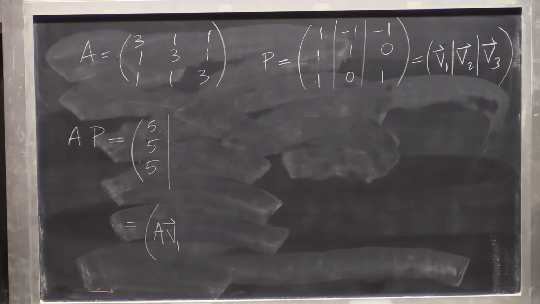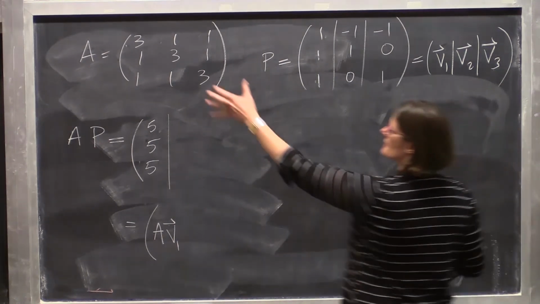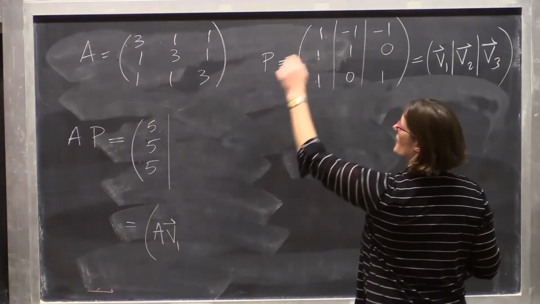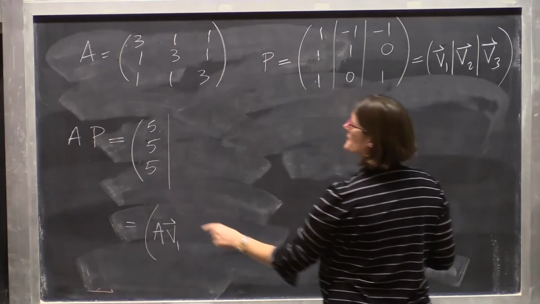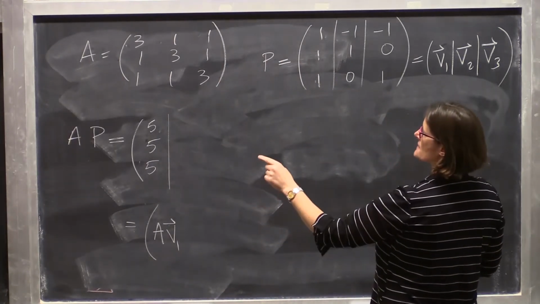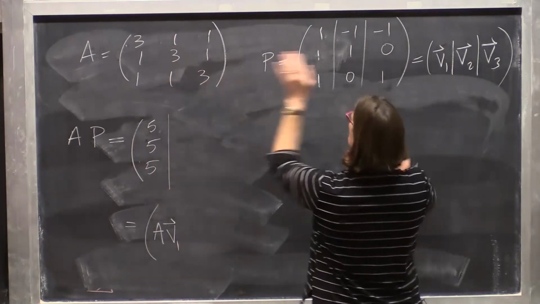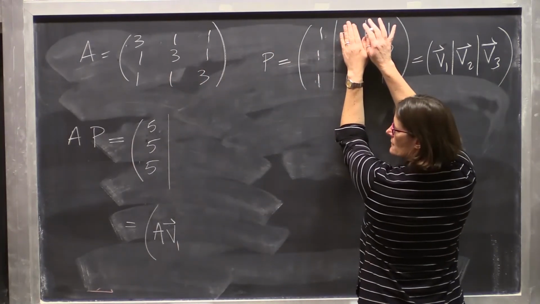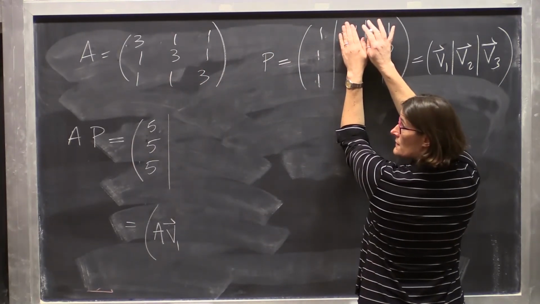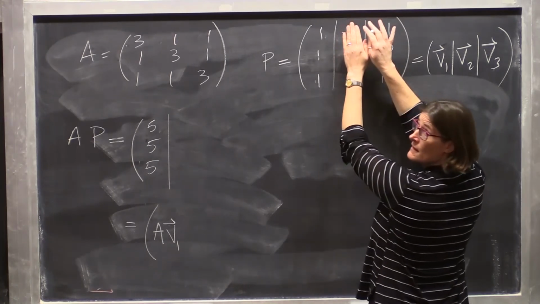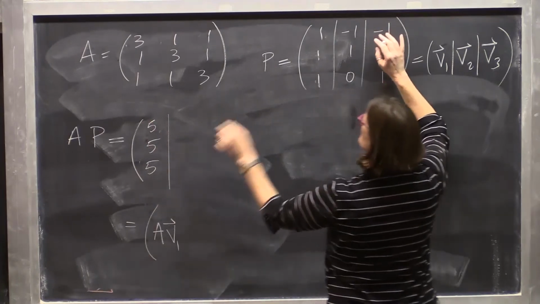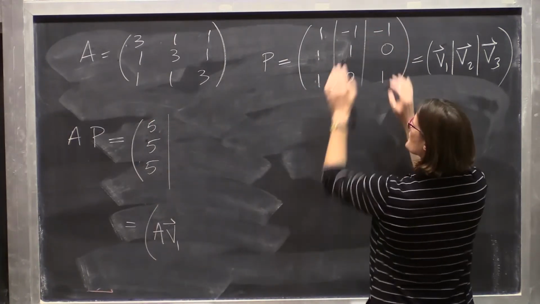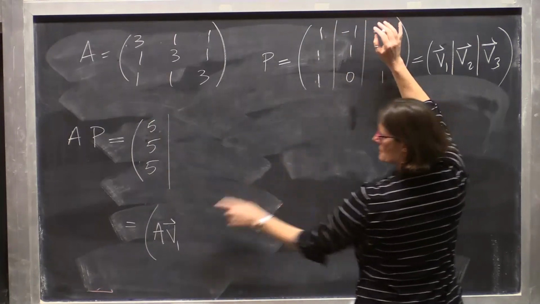So do you see that when I multiply A times P, the first column of A times P is the exact same thing as A times that vector? Do you see that? This is super important. Please don't lie. Do you understand that the first column of A times P is the same thing as A times this? Okay.